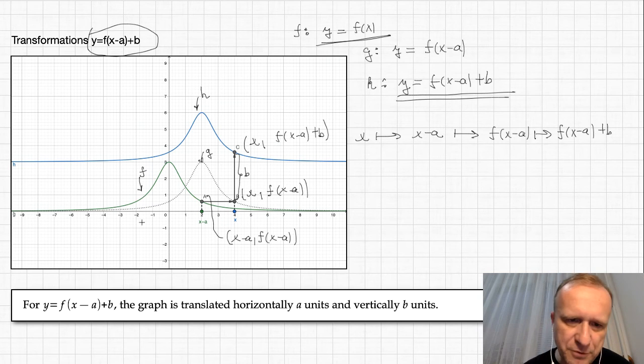If we move it to the right or to the left, everything will move except for this function f. The point A will move, the point C will move, and as C moves, it will trace out this curve of the function h, and as B moves, it will trace out the curve of the function g.